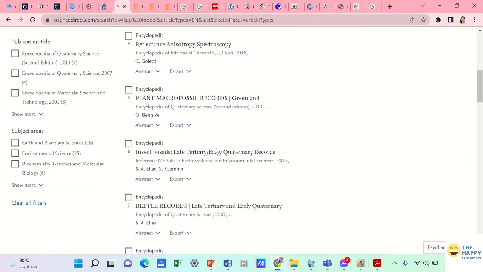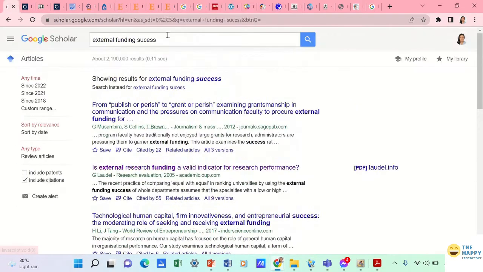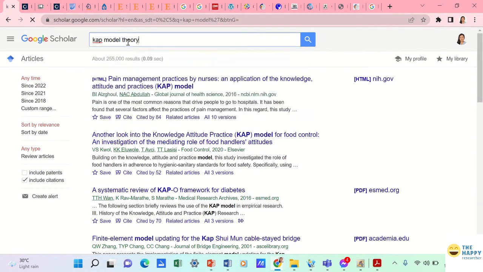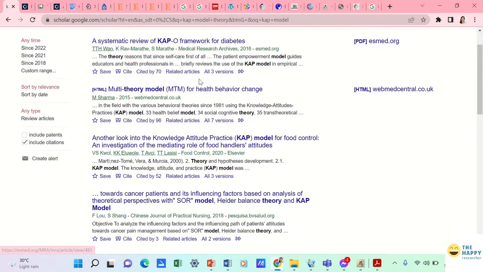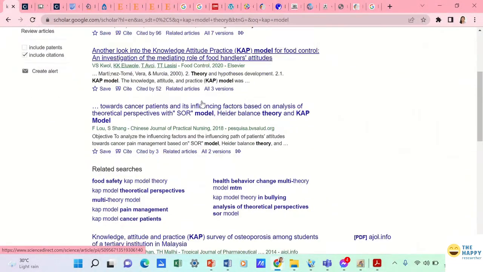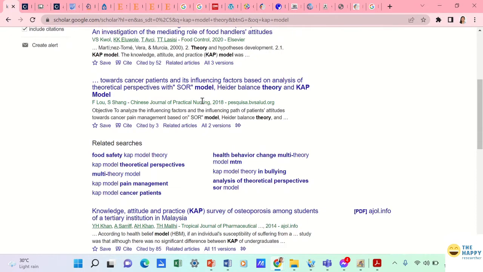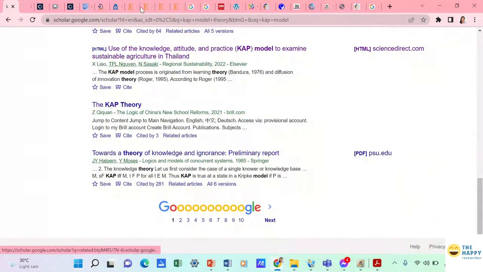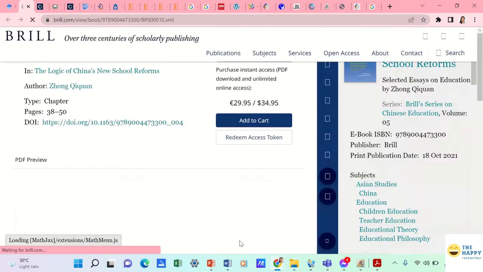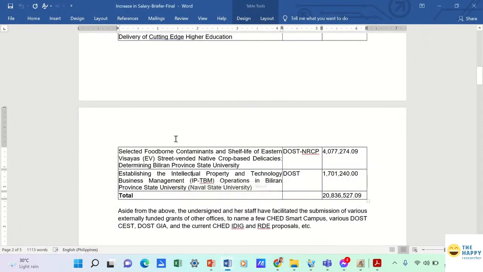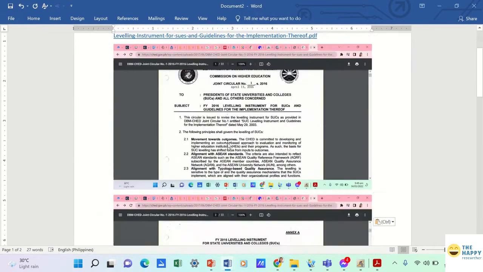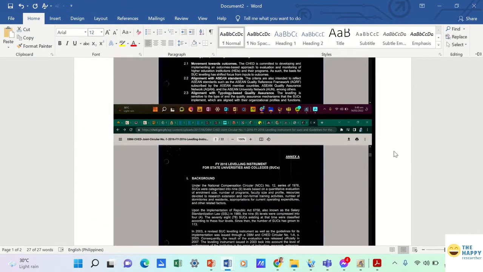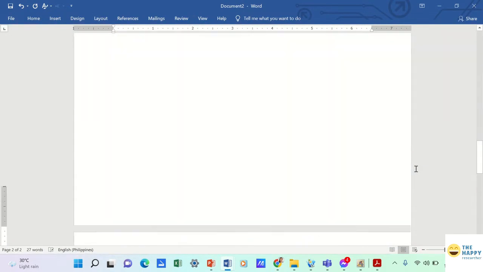When you find your theory, the rest of your study is easier to plan and make, because you now have the basis with which you will try to prove or disprove whether that theory applies or is still evident in your study, which is different from the original context at which the theory was used.